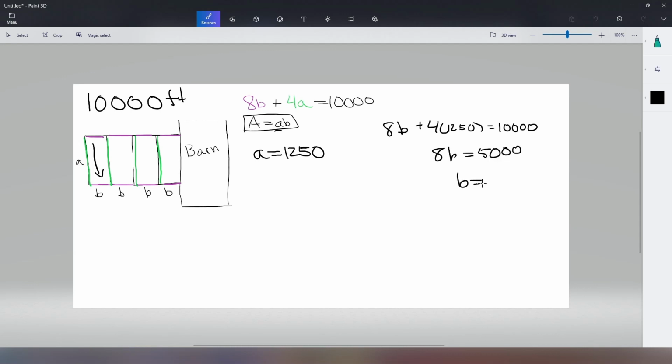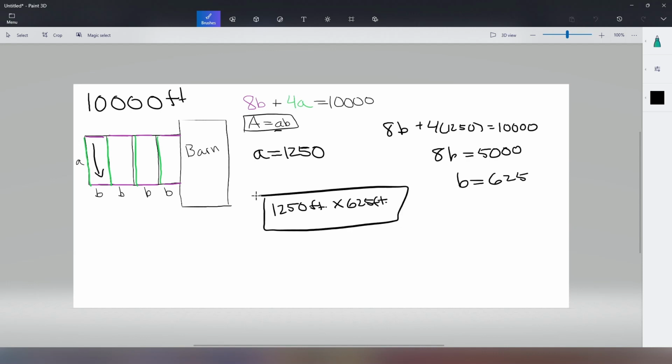I'm going to get B equal to 625. So the dimensions are going to be 1,250 feet by 625 feet per corral. This will give you the maximum area.